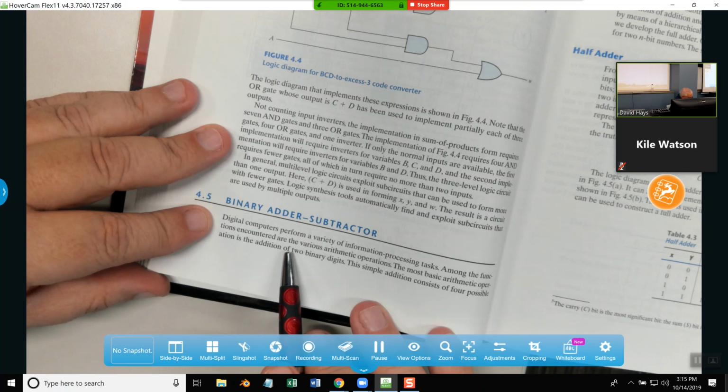The higher significant bit of this result is called a carry. When the augend and addend numbers contain more significant digits, the carry obtained from the addition of 2 bits is added to the next higher order pair of significant bits. A combinational circuit that performs the addition of 2 bits is called a half adder. One that performs the addition of 3 bits, 2 significant bits and a previous carry, is a full adder.